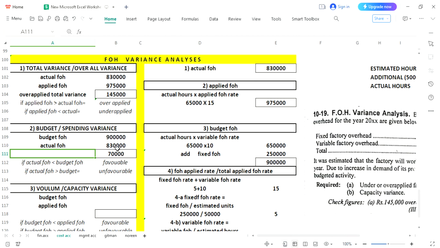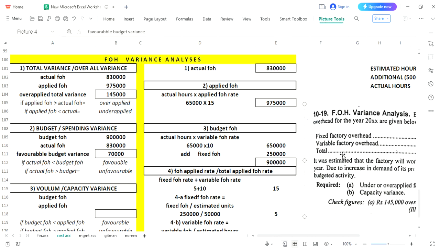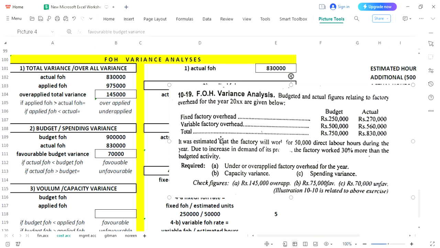It means actual is less, which is favorable. So you will write favorable budget variance, and that is 70,000. So let's see what is given in your book.